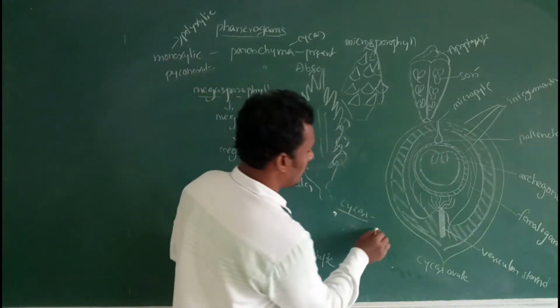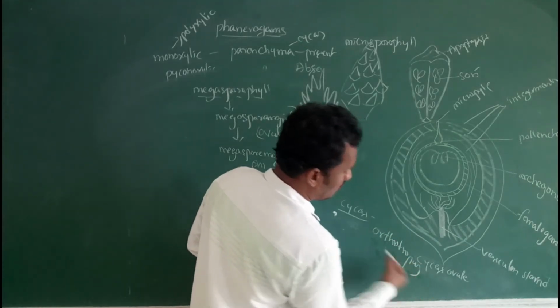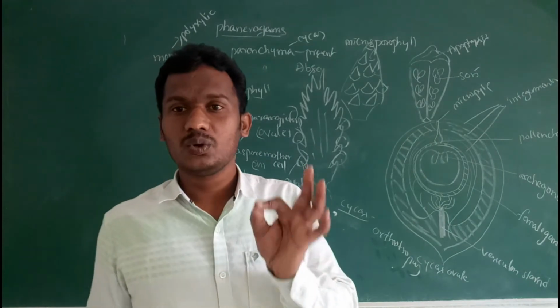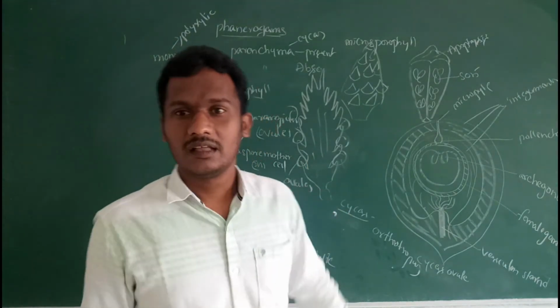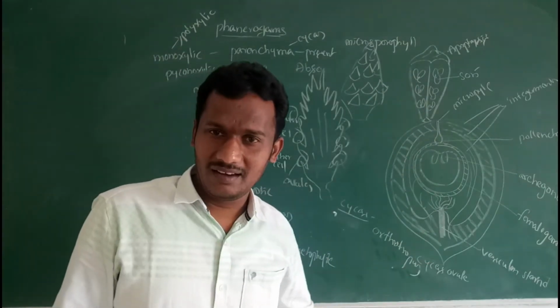This ovule is an orthotropous ovule. In Cycas, an orthotropous ovule is present. That means the chalaza and funiculus are all in the same line.